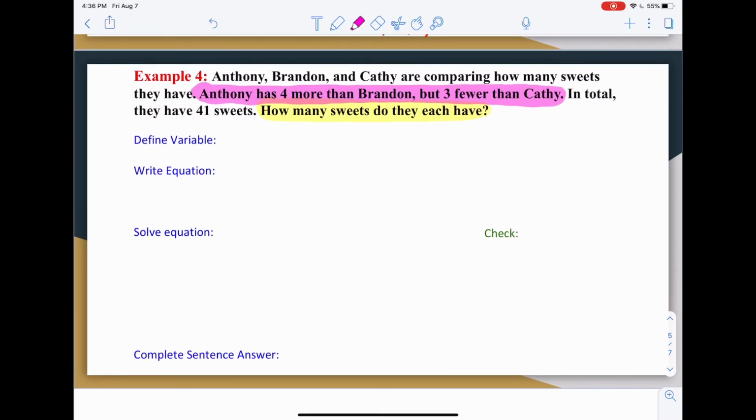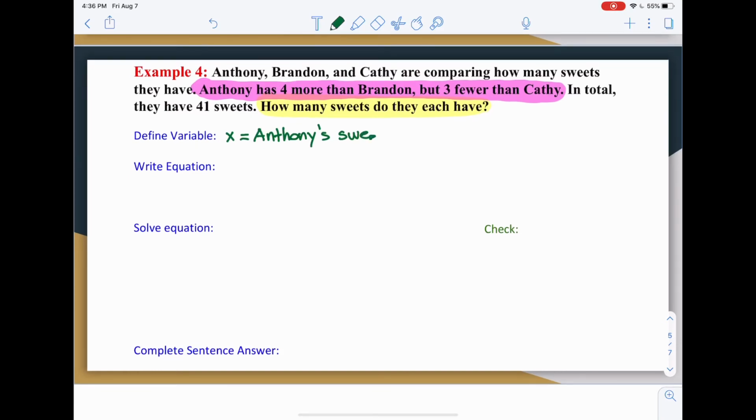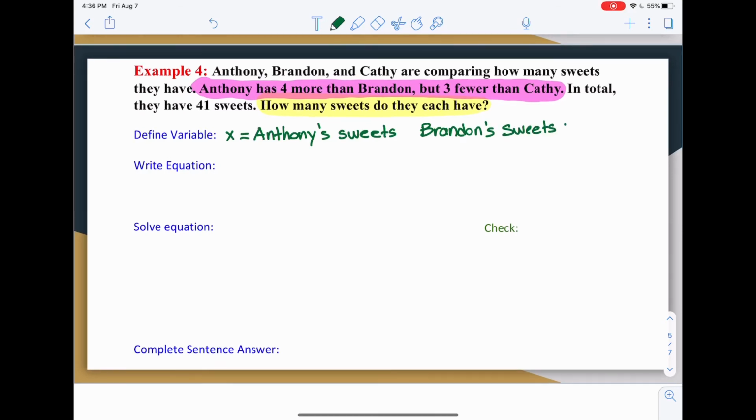Then we are going to call Anthony our variable. So we will say, let Anthony be x. And if Anthony is x, then Brandon would be x minus 4.